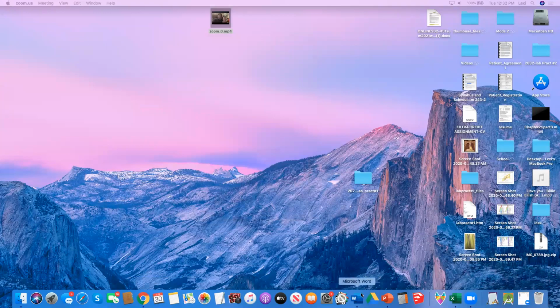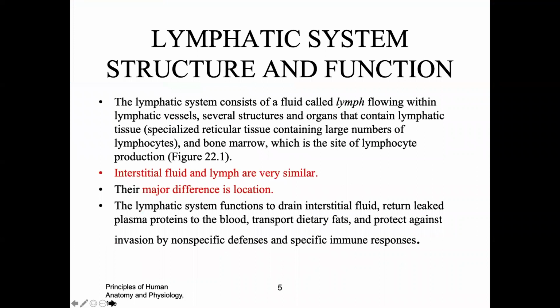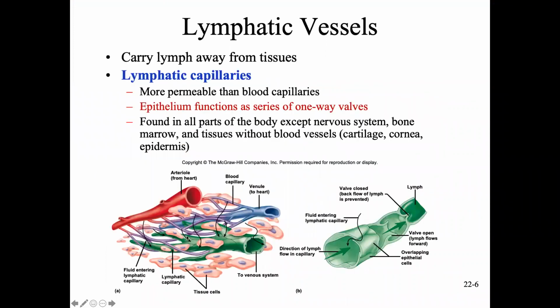A couple other things here in terms of our lymphatic system. Look at how close, how interdigitated, how they're almost overlapping the lymphatic capillaries are with the blood capillaries. Again, on the arterial side, you have fluid movement out, what we call filtering.